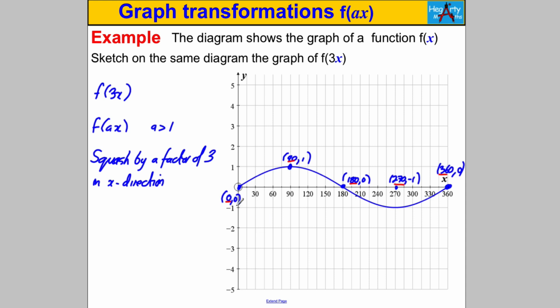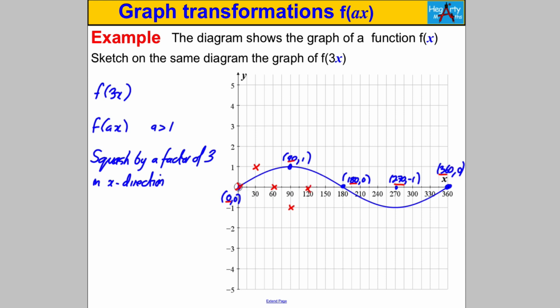Now I'm going to divide all the x values by 3, and then plot them with the same y number. So 0 divided by 3 is 0, that stays. 90 divided by 3 is 30, so I'm going to plot 30 with 1. 180 divided by 3 is 60, so I'm going to plot 60 with 0. 270 divided by 3 is 90, so I'm going to plot 90 with negative 1. 360 divided by 3 is 120, so I'm going to put 120 there.